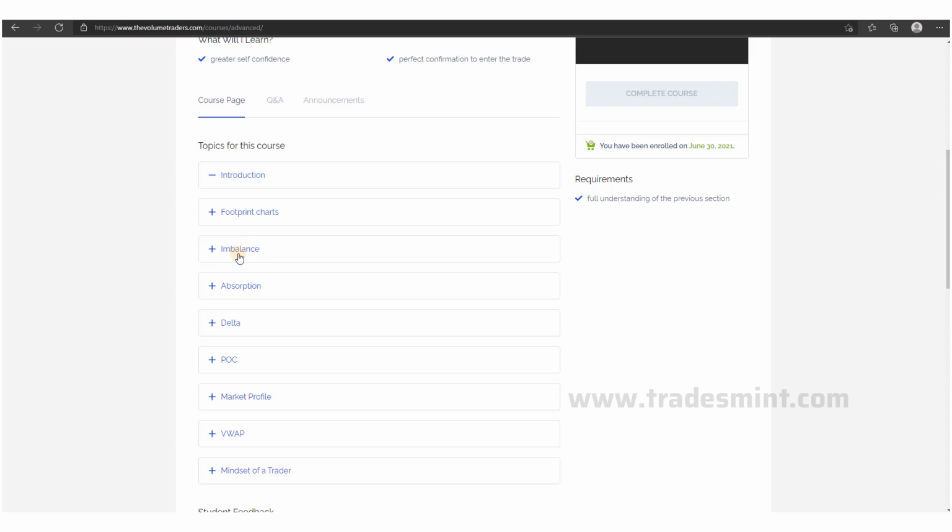Imbalance, this is my best way of looking for entries. Absorption, I don't use this too often, but it's also very important to know who is absorbing whom and where we can expect this. So these 3 are the main thing.